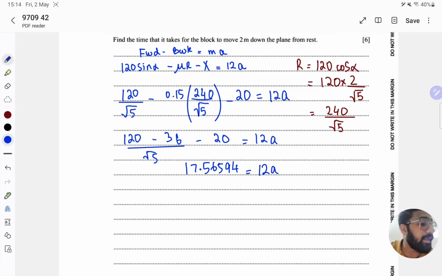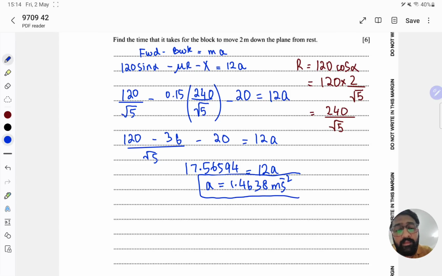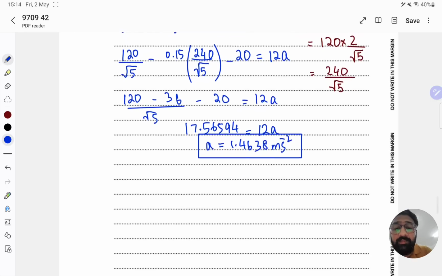So divided by 12, the acceleration will be 1.46382 meter per second square. Now we need to find out the time, so we will use s equals ut plus half at square.